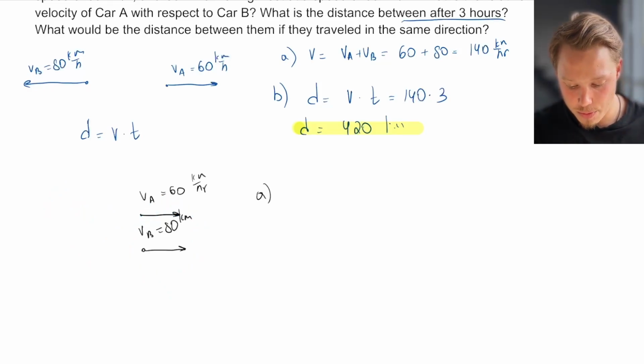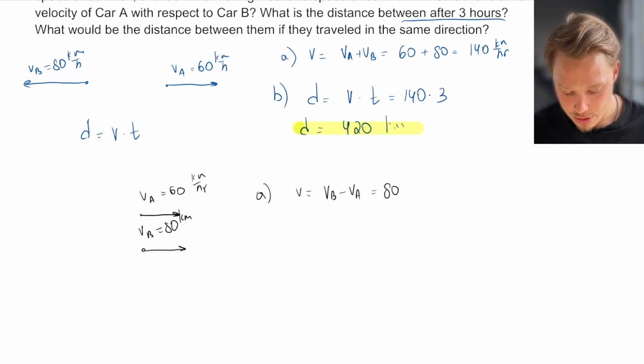First of all, what would be the relative velocity? In this case, when they travel in the same direction, we subtract the two velocities from each other. The relative velocity would become 20 kilometers an hour. And after 3 hours, it's going to be 20 times 3, or 60 kilometers.